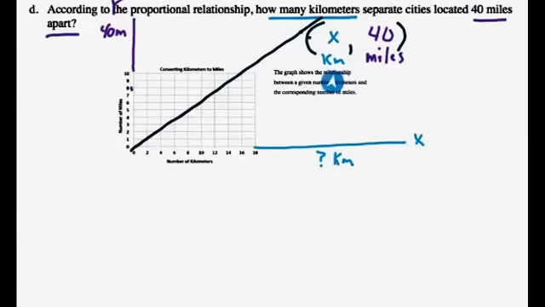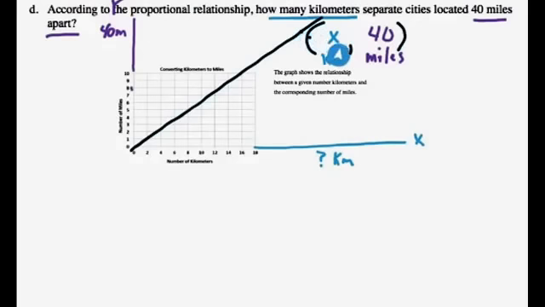Like before, we can make sense of this problem by referring to our graph. We imagine that our graph extends past what we can see, and on the y-axis we have 40 miles. What number will be on the x-axis for the number of kilometers? So we're searching for this point along the graph.